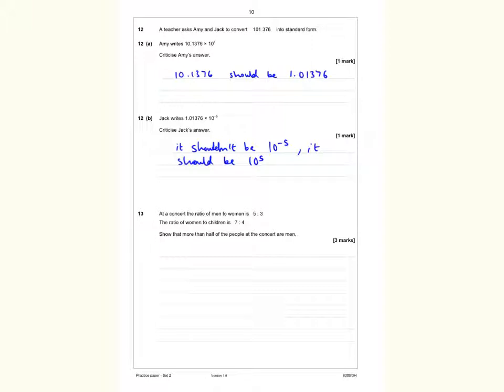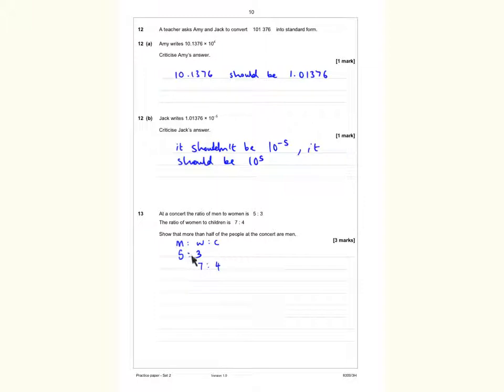The ratio of men to women, M to W, is 5 to 3, and the ratio of women to children is 7 to 4.